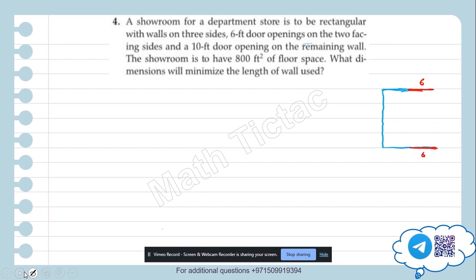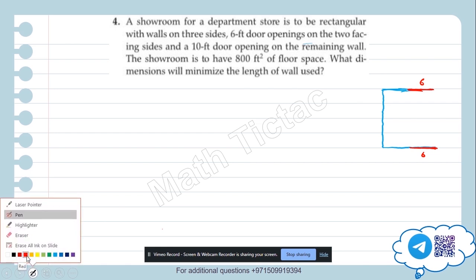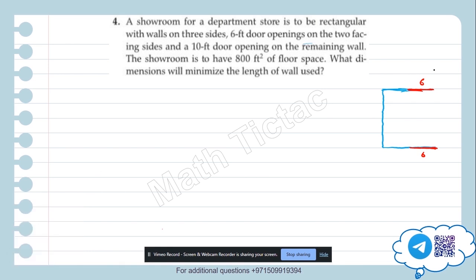If the total length over here is equal to x, that means this part is equal to x minus 6 for the remaining part of the wall. So if this is x, this is x minus 6.